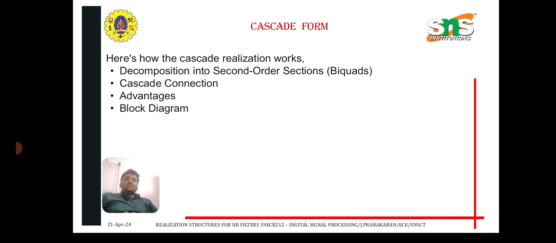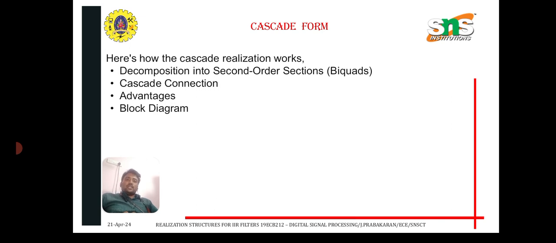This cascade form has more flexibility than the other realization forms. That is, each biquad can be individually designed and optimized, allowing for greater flexibility in achieving the desired characteristics.